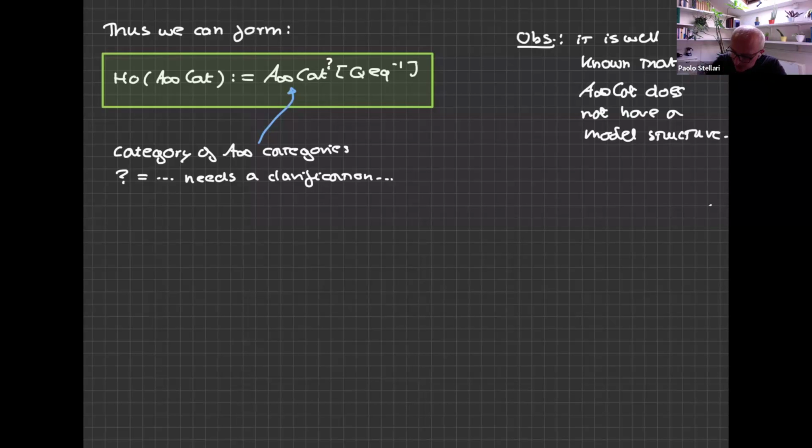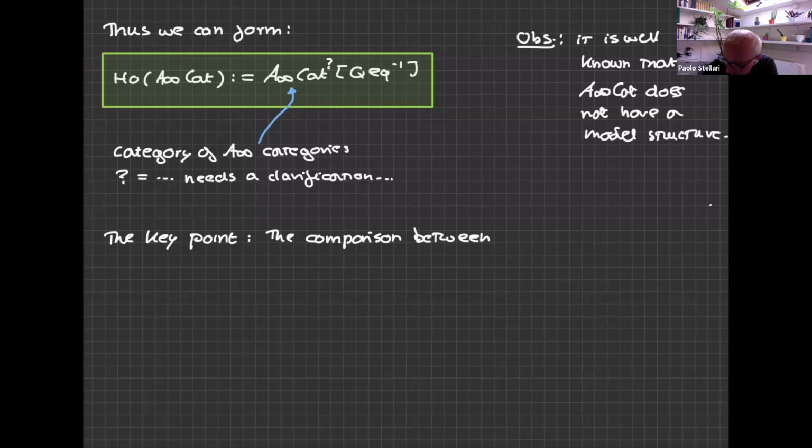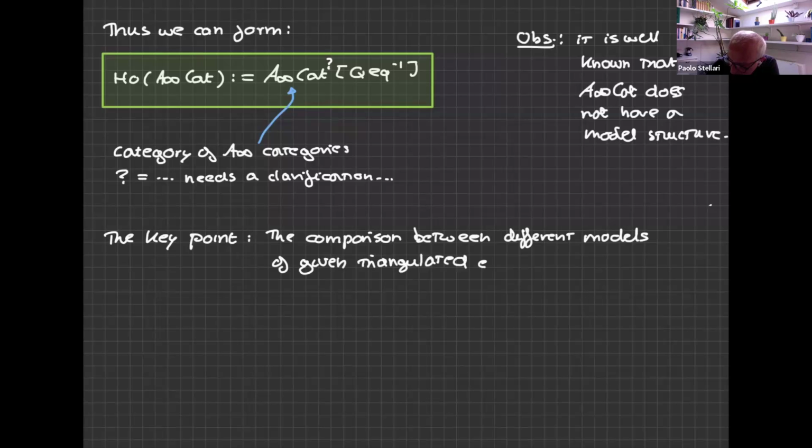Right, so the key point for us is that the comparison between the different models of a given triangulated category must take place in O infinity cat.